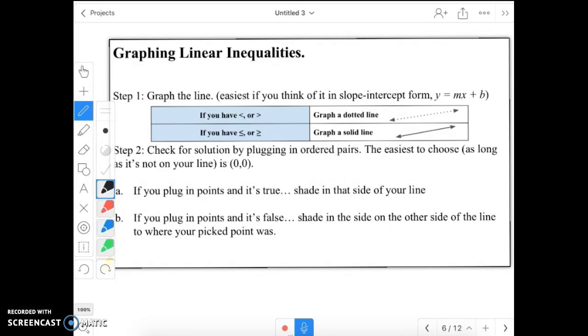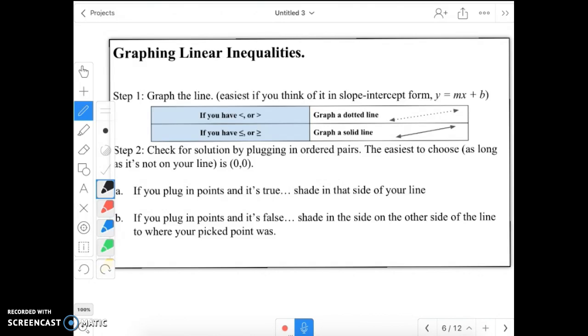The next thing, and this is just kind of a tip: if the point 0, 0, our origin, is not on our line, that's probably the easiest point that we could ever pick. So we can plug in those values and determine if that's going to give us a true statement or not.